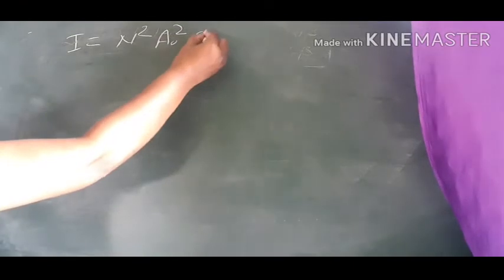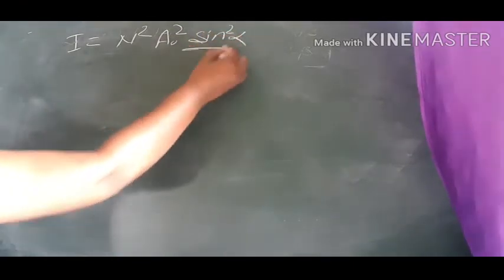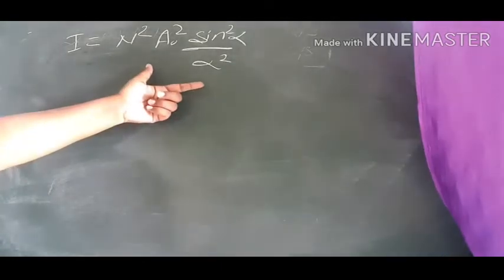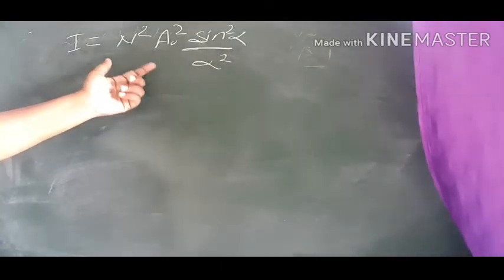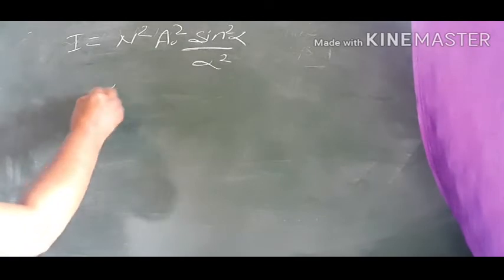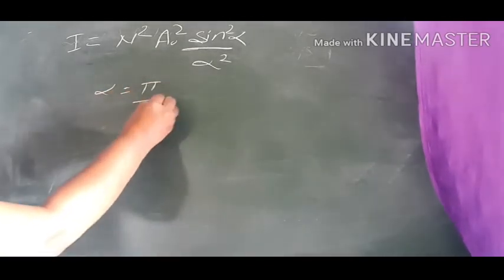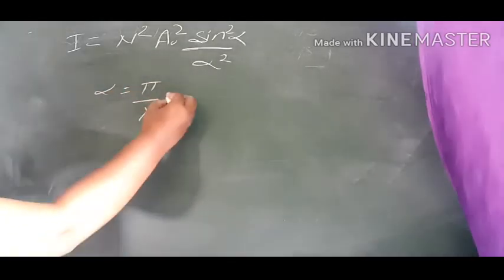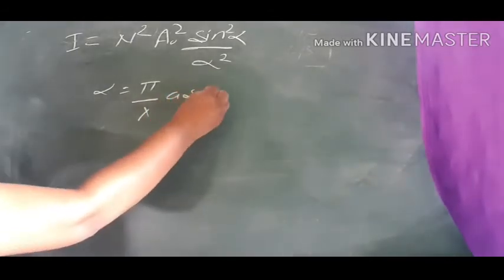Now the resultant intensity for maxima will be I is equal to n square a naught square sine square alpha by alpha square. This would be the resultant intensity, where alpha is equal to pi by lambda a sine theta.